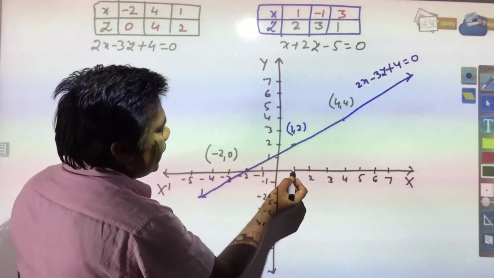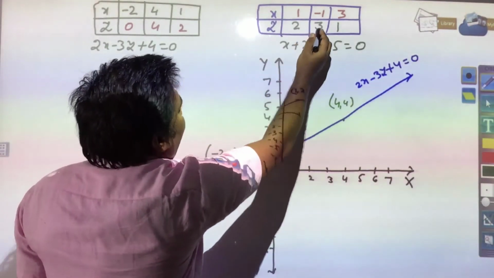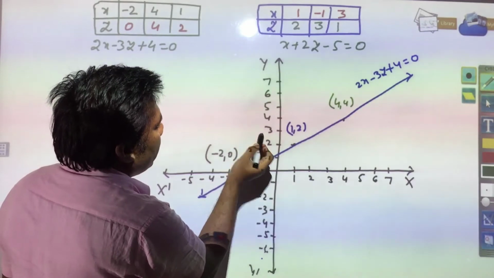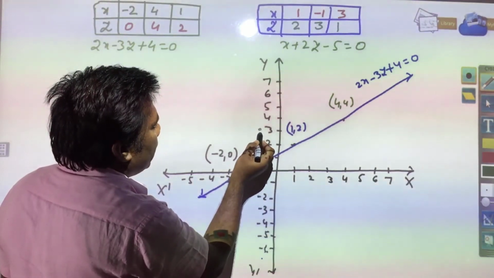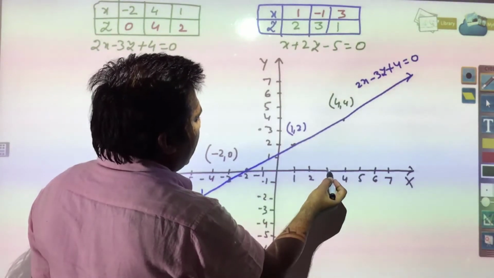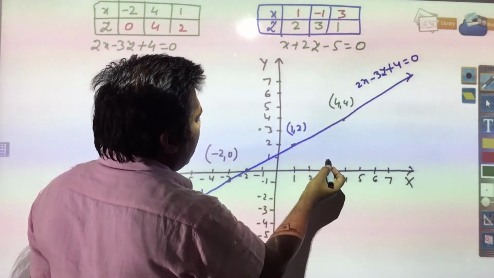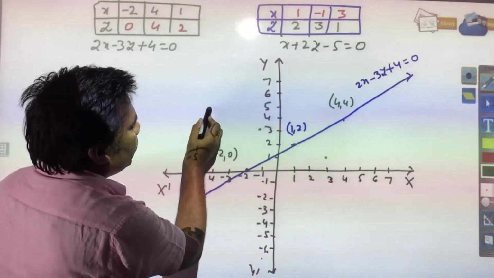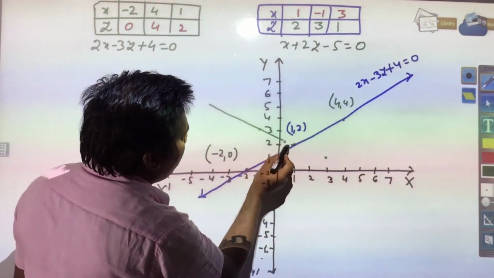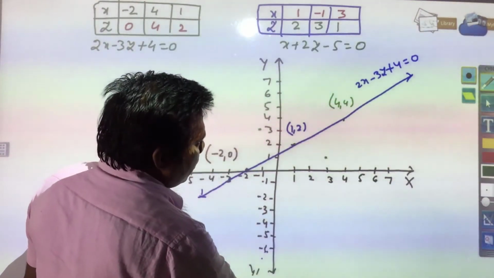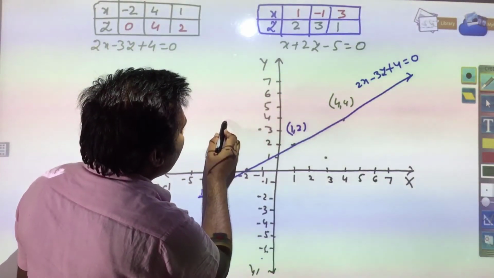Here you have 1 and 2, the same coordinate, then minus 1 and 3, and then 3 and 1. Now, these 3 points are required to be joined with the help of a ruler, like this.